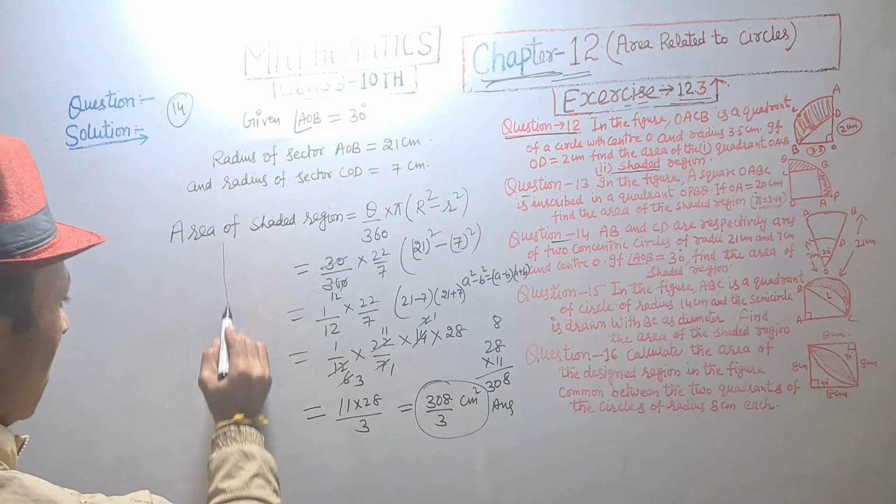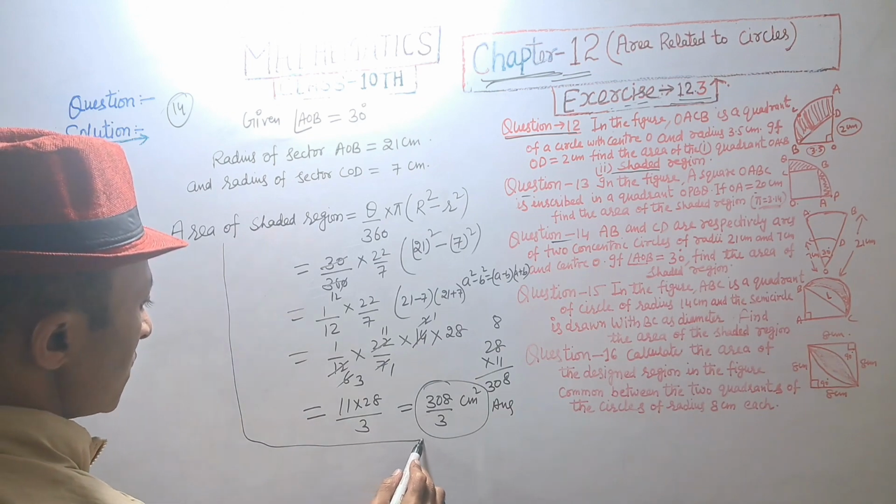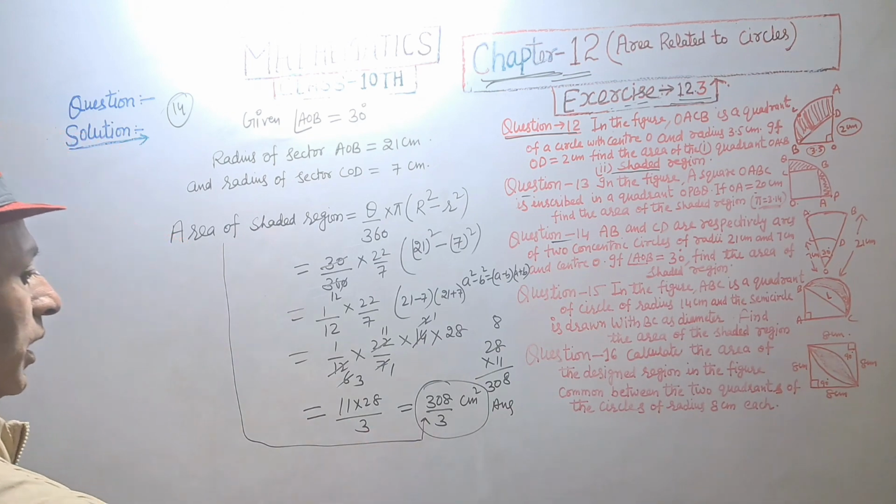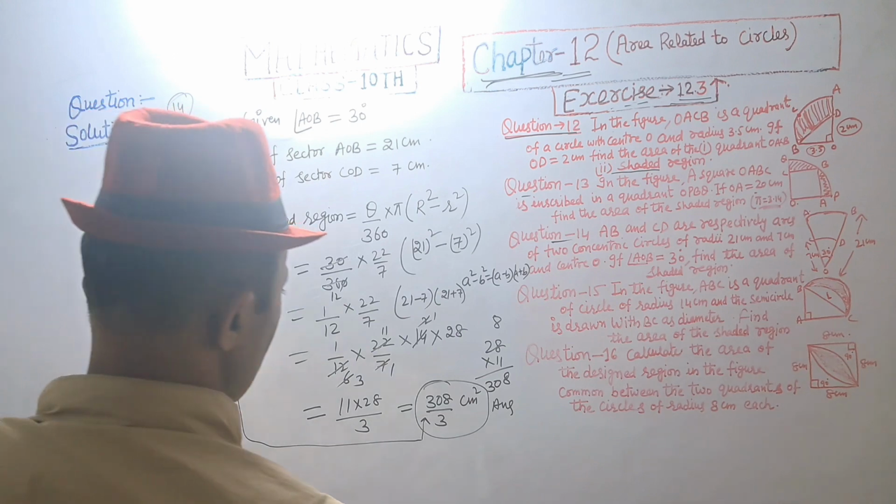Answer: area of shaded region is equal to 308 upon 3 centimeter square.